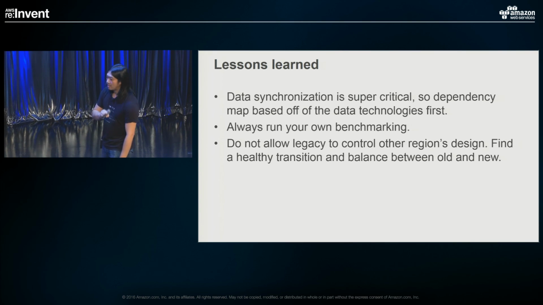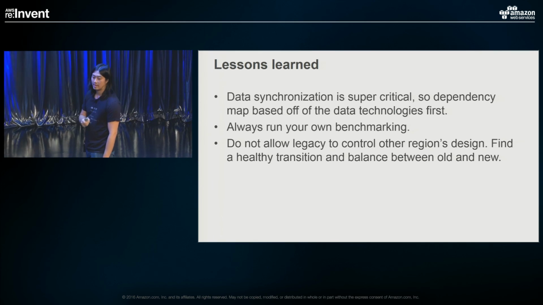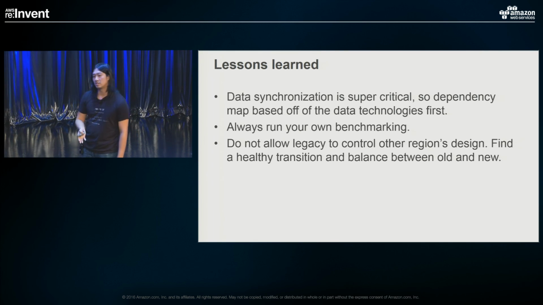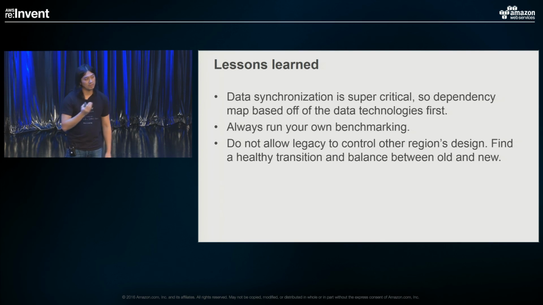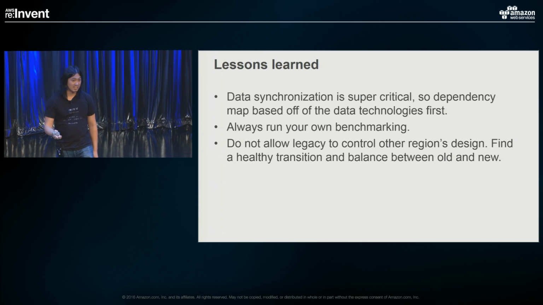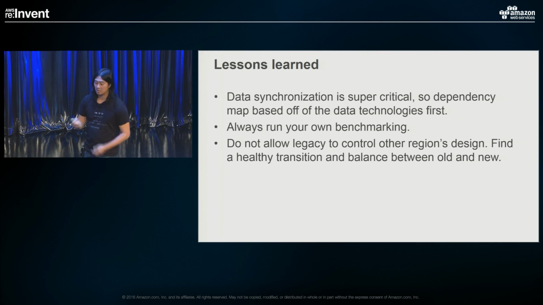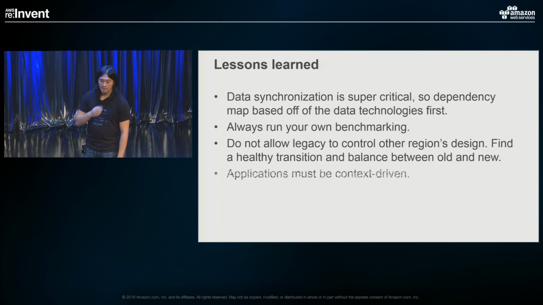Also, don't allow legacy to control what your next region should look like. It should always be a healthy transition. Don't let how you built things in the past define how you build things in the future. Your new regions don't have to match exactly. Make sure that you build exactly the perfect design to allow you to build multiple regions afterwards.